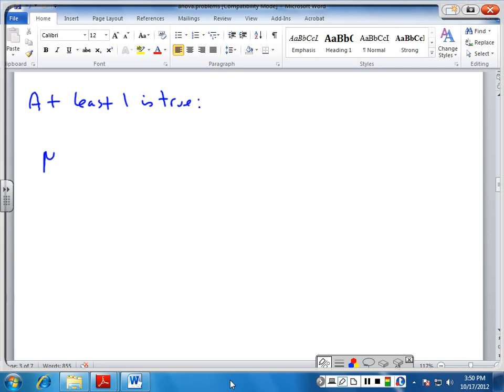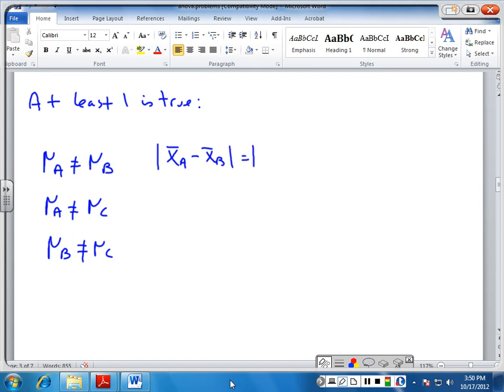Mu A not equal to mu B. Mu A not equal to mu C. Mu B not equal to mu C. So we're going to get the absolute value between the corresponding sample means. And for A and B, those were 82 and 77, so they differed by 5.